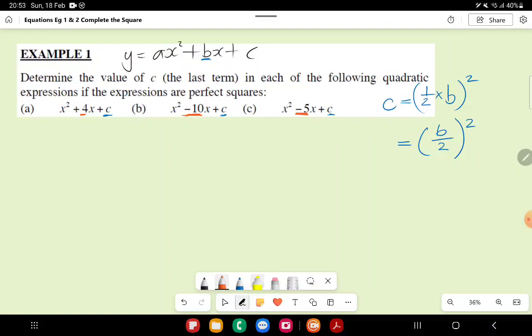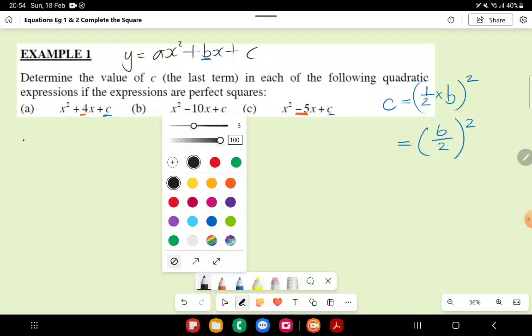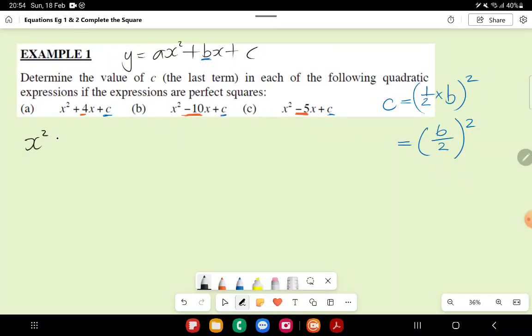So I am going to rewrite this equation with c in it. For a, x squared plus 4x plus c, we said c is going to be b, which is 4 over 2, and I'm squaring that.